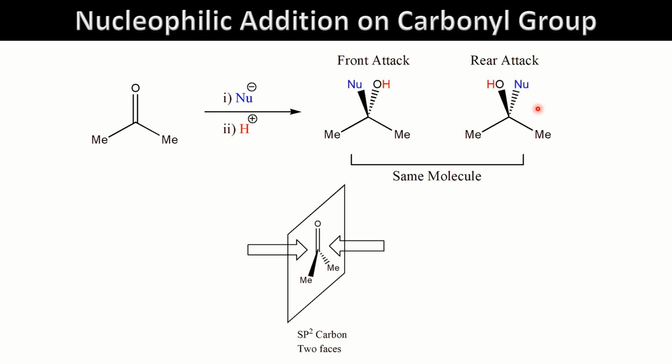If you see these two products, they are the same. If you put an axis here and rotate it by 180 degree, you will get this compound. That means these two compounds are same, so you'll get same molecule. You can see here there is another perspective of the same molecule. Here you can see that this molecule being sp2 is planar and is having two sides.